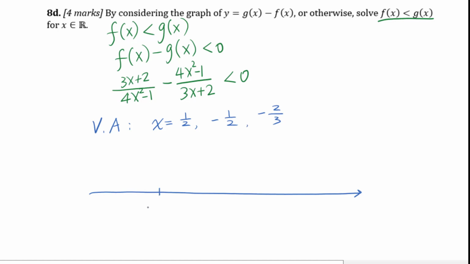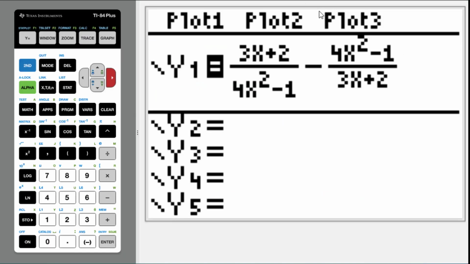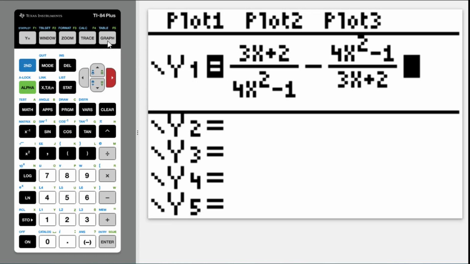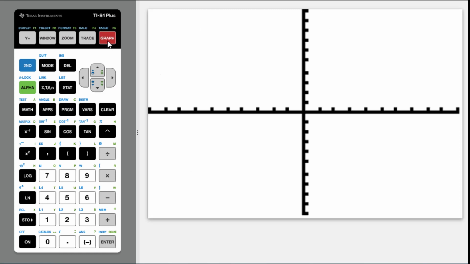Let's label negative 2 over 3, negative 1 over 2, positive 1 over 2. Then you need to go to the graphing calculator to figure out all roots. After we put f of x minus g of x into y1, we graph in the standard window.